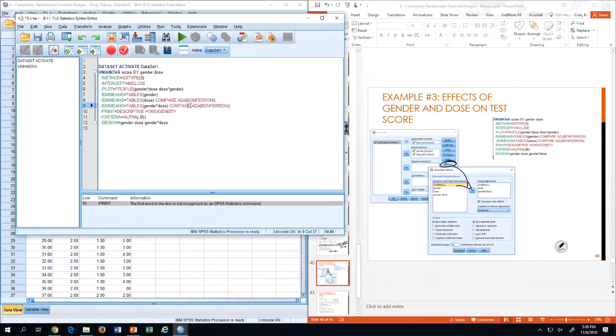And then next to compare, we want to compare the interaction within gender. And then we can copy that and paste it, and do the same thing for dose. I think I don't need to capitalize. Let's see, can I zoom in? I don't think you can on that photo.